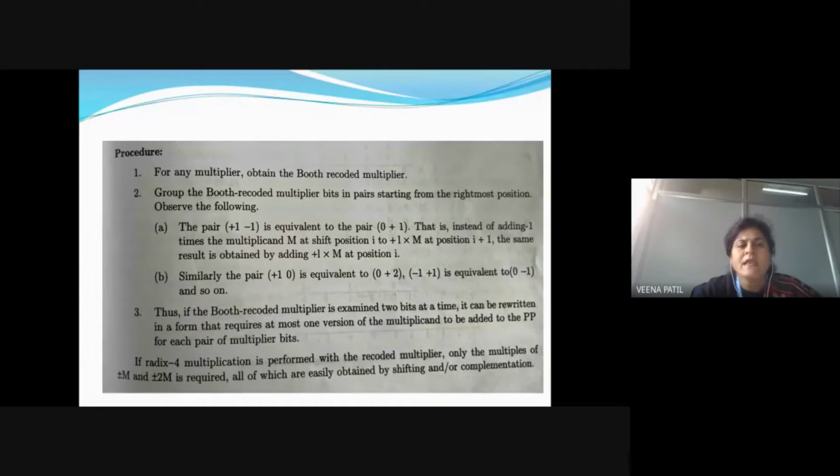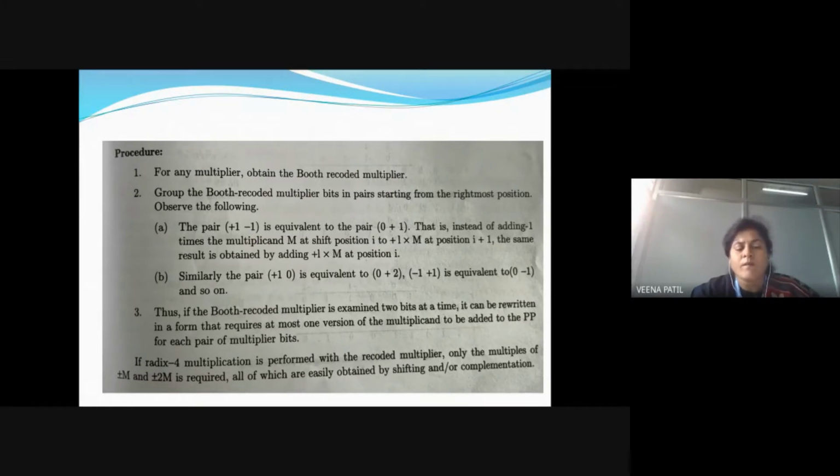Now for any multiplier, obtain the Booth recorded multiplier. You have already studied how to obtain it, so do it in the same way. Then group the Booth recorded multiplier bits in pairs starting from the rightmost position.